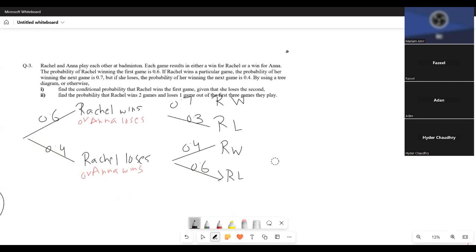So जब रेचल विन करती है the probability that she wins again is 0.7. Yep.